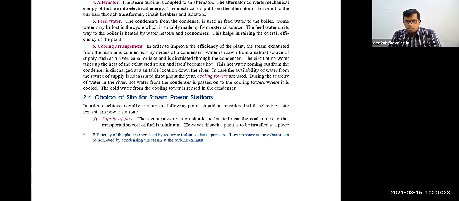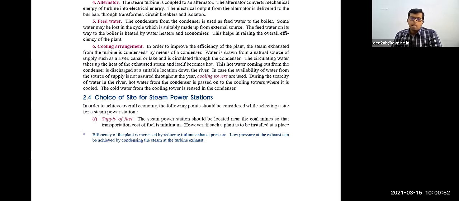How can we expect a per unit cost of 5 or 6 rupees? We are spending a huge amount on handling this coal, but the per unit cost is very low. So that is also an important concern.